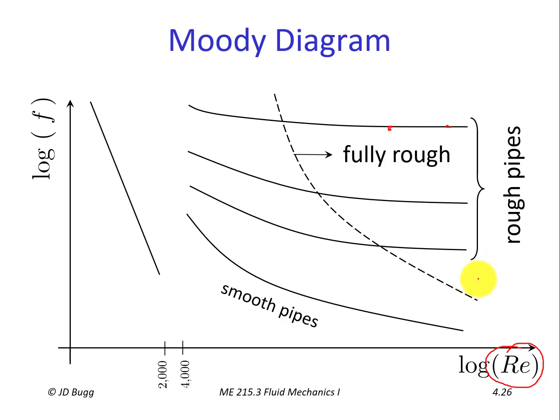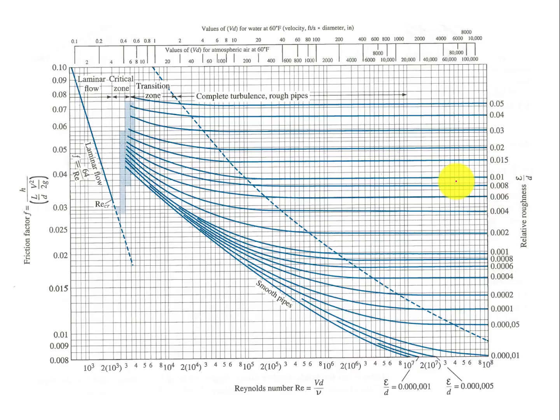And by high enough, I mean to the right of this dotted line, or in this fully rough zone where these are horizontal lines. Now what we're going to look at is a real Moody diagram. By real, I mean a Moody diagram that's plotted accurately using the equations on the previous slide, so using the Colebrook equation essentially. So this is the Moody diagram out of your textbook.